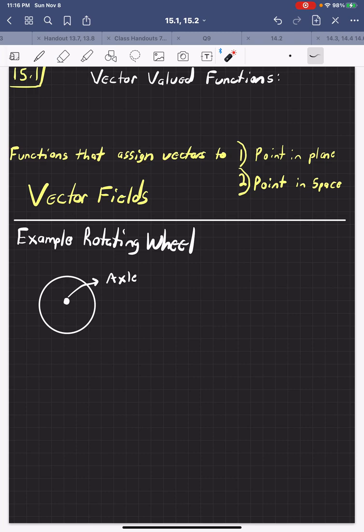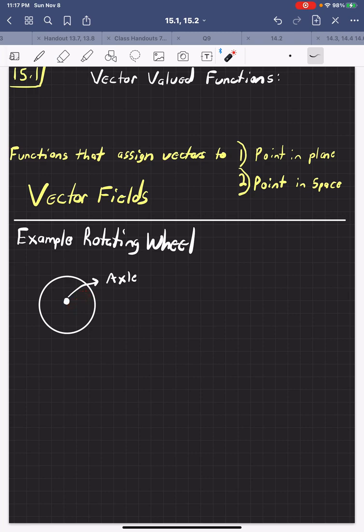My question to you is, what would you predict would happen in terms of velocity as you move away from that axle? Well, the velocity should increase as you move away from the axle.